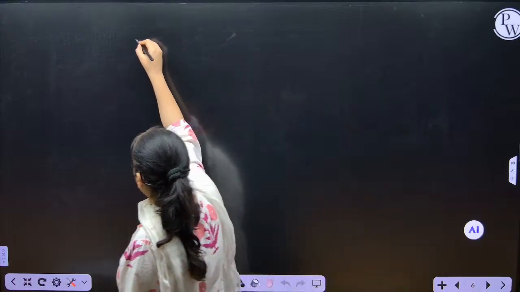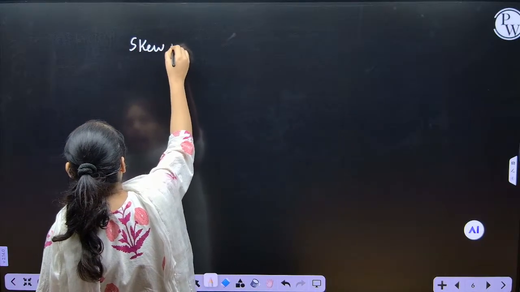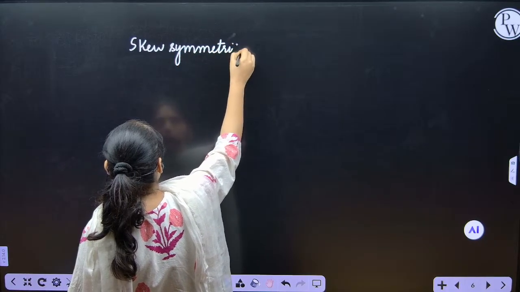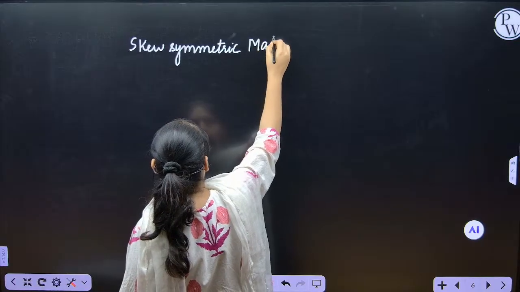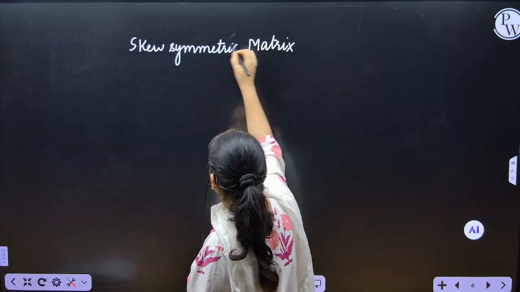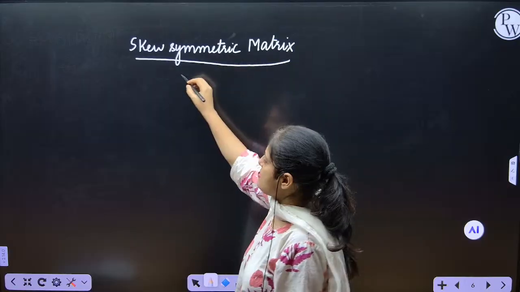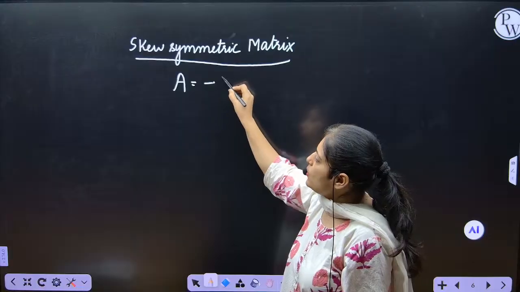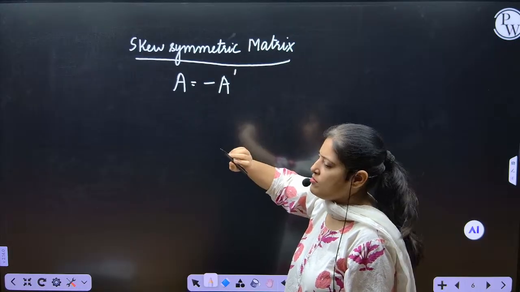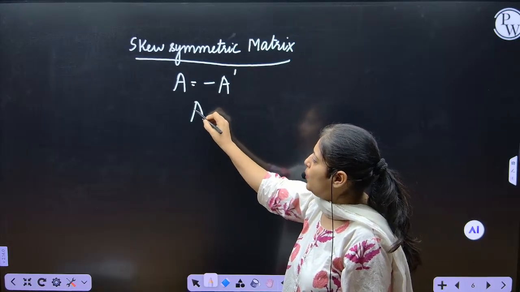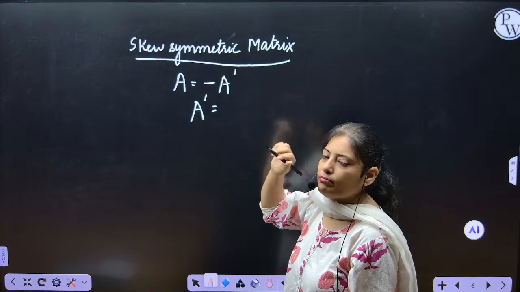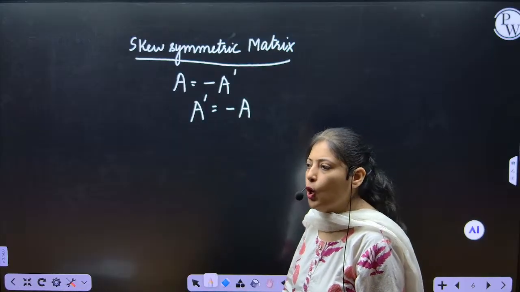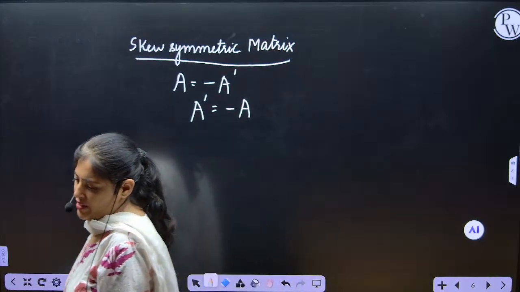All right, now come to skew symmetric. Skew symmetric matrix. Skew symmetric is any matrix, suppose A is there, when it is equal to the negative of its transpose, or you can say when the transpose is there, it is equal to the negative of the original matrix.